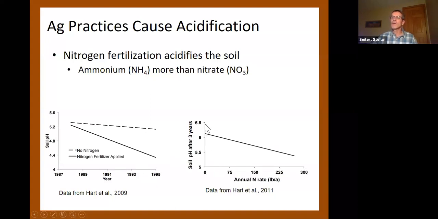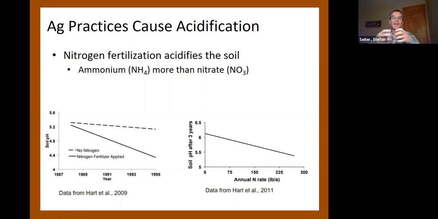And this one, same deal, but with different amounts of nitrogen applied. The more nitrogen you apply, especially in ammonium form, the faster it goes down. So there is a very clear connection between how much nitrogen you apply and the pH drop.